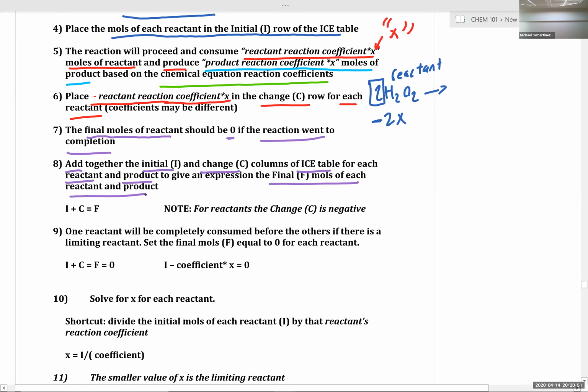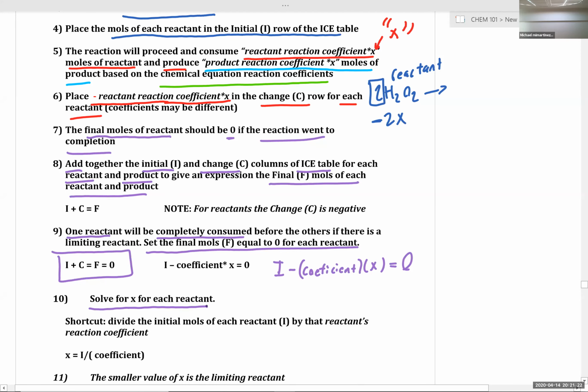Now, because one reactant will be completely consumed, you're going to set the final moles equal to 0 for each reactant. So your initial plus change is equal to 0. In other words, your initial minus some coefficient times X is going to be equal to 0. And you're going to solve for X.